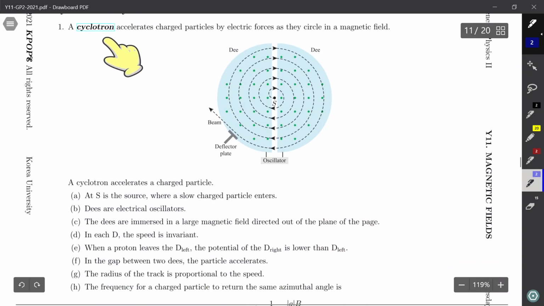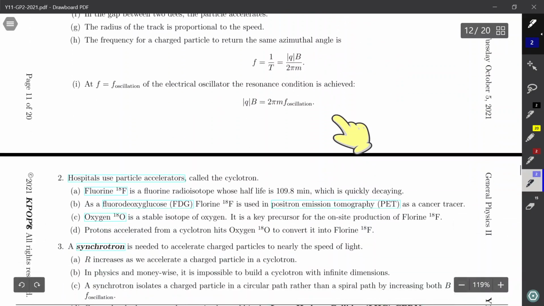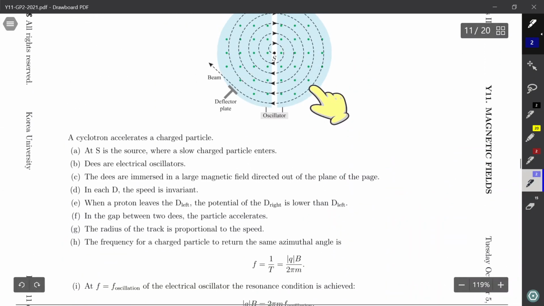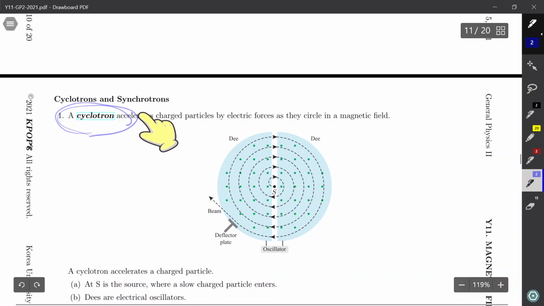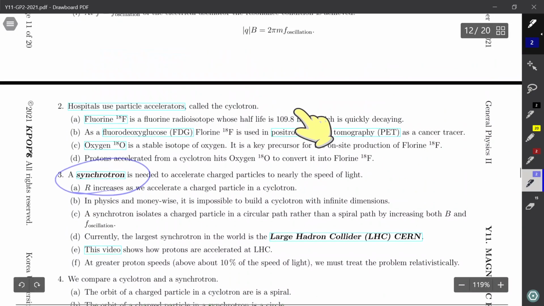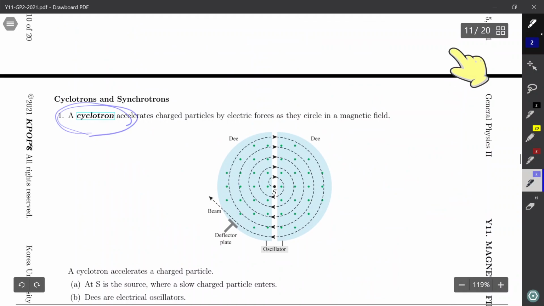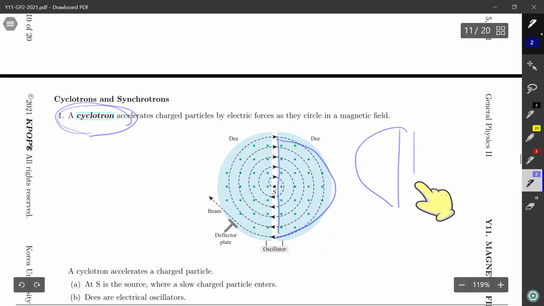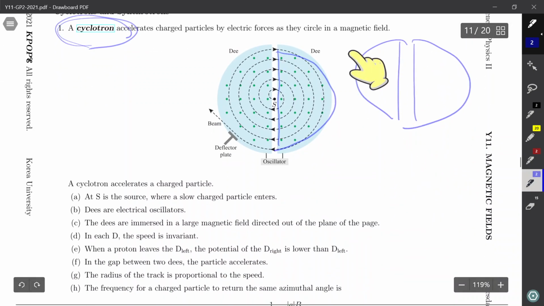There are the cyclotron and the synchrotron. In the cyclotron, you can see this is like a D. So this is one D and this is another D. So the cyclotron is composed of two Ds, called the D right and D left.